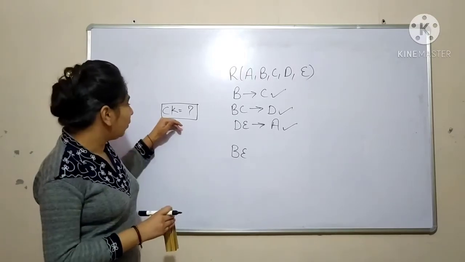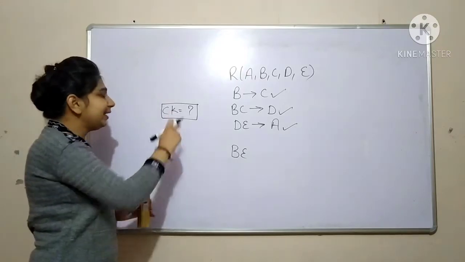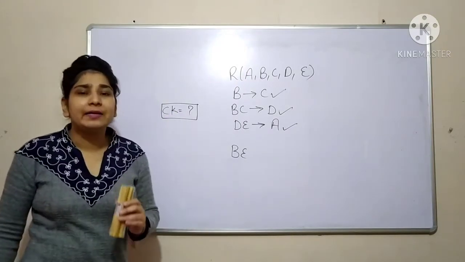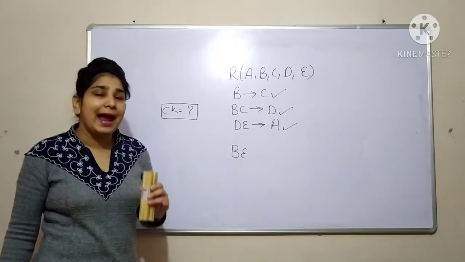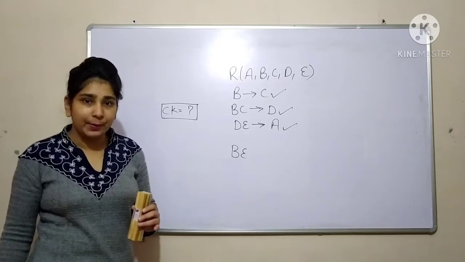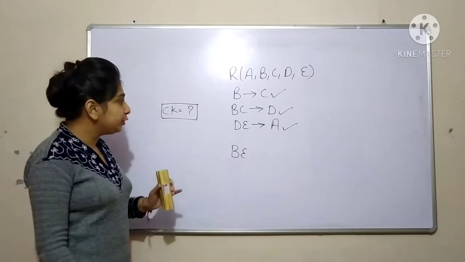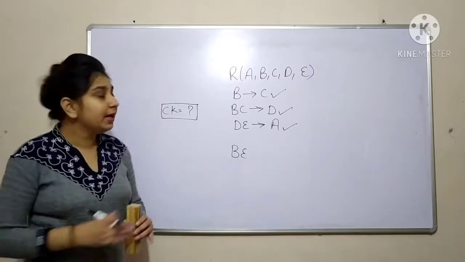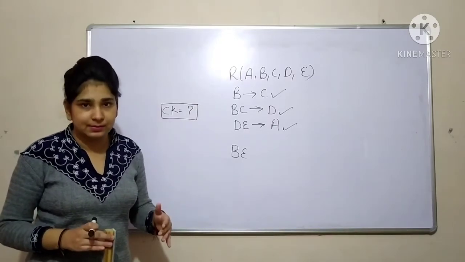What is the meaning of a candidate key? A candidate key is that key with the help of which you are able to determine all of the other attributes. So these 2 attributes, B and E, you can never determine with the help of these functional dependencies.